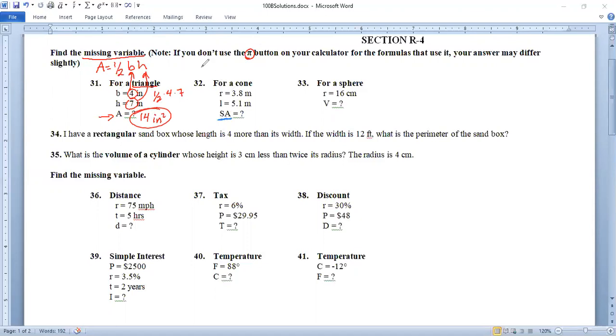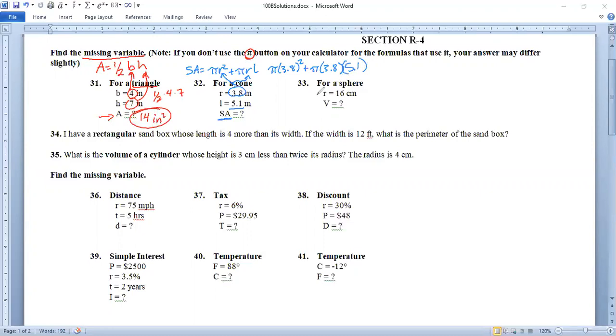So we look up in the formulas in the section and we get surface area of a cone is pi r squared plus pi r L. So we stick the 3.8 in for R. Now notice it goes in 2 places, and the 5.1 then goes in for the L. So we're going to get pi times 3.8 squared plus pi times 3.8 times 5.1. So we have to plug that whole thing into the calculator now.